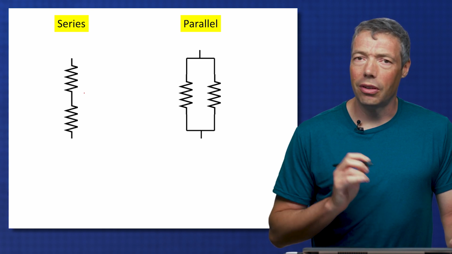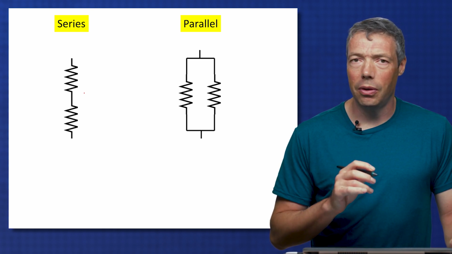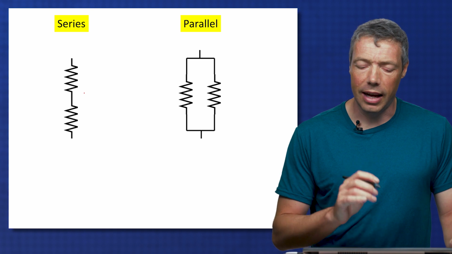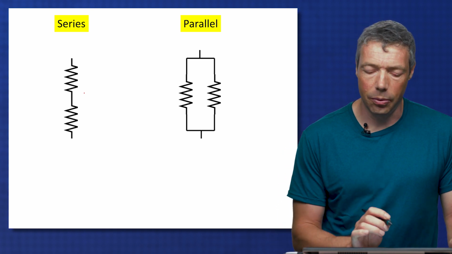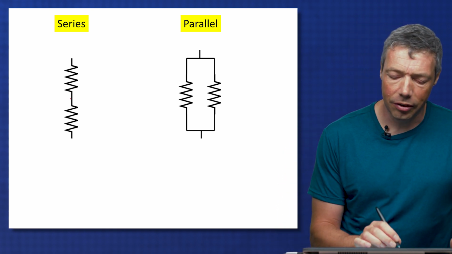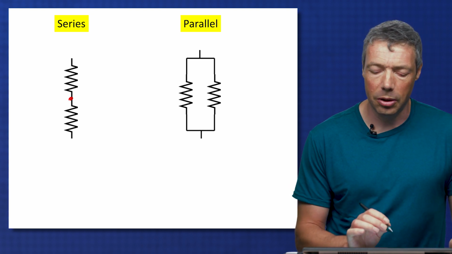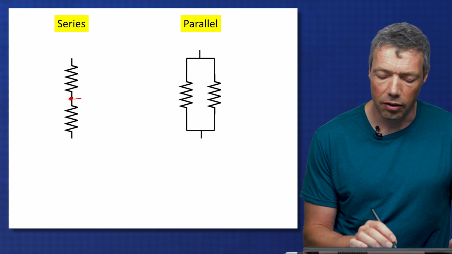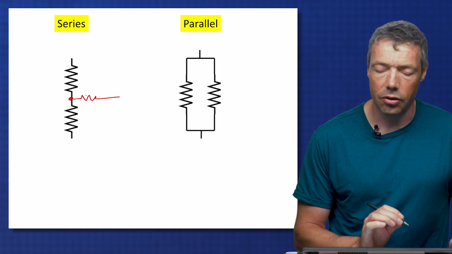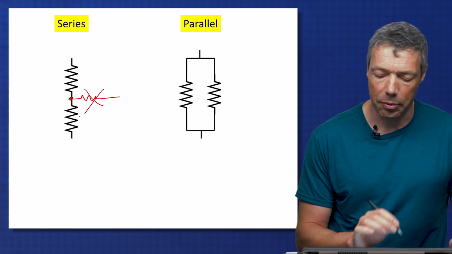So, resistors in series and resistors in parallel. I glossed over a little bit what it means for them to be in series and in parallel. They actually have to be connected exactly this way. For resistors in series, one end of one of them has to be connected to one end of the other with nothing else connected to it. So if there is something else connected, this is no longer in series, so this cannot happen.